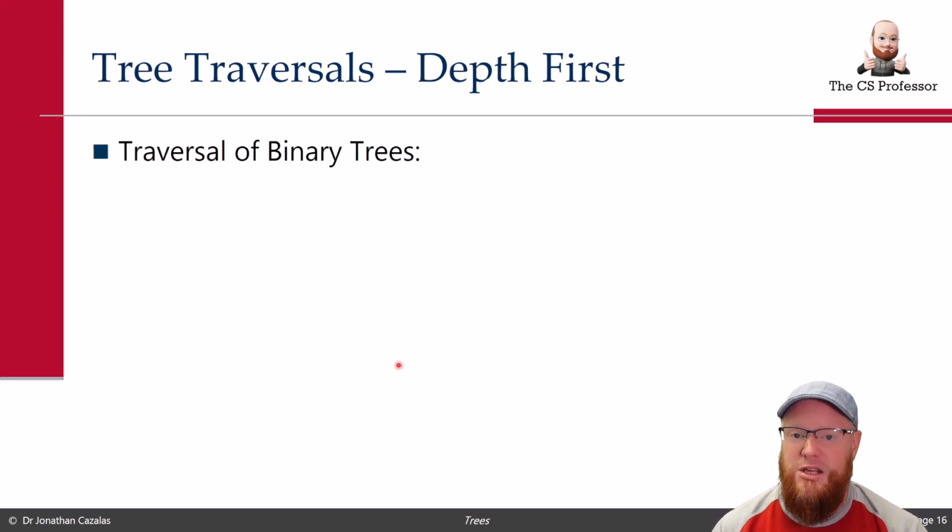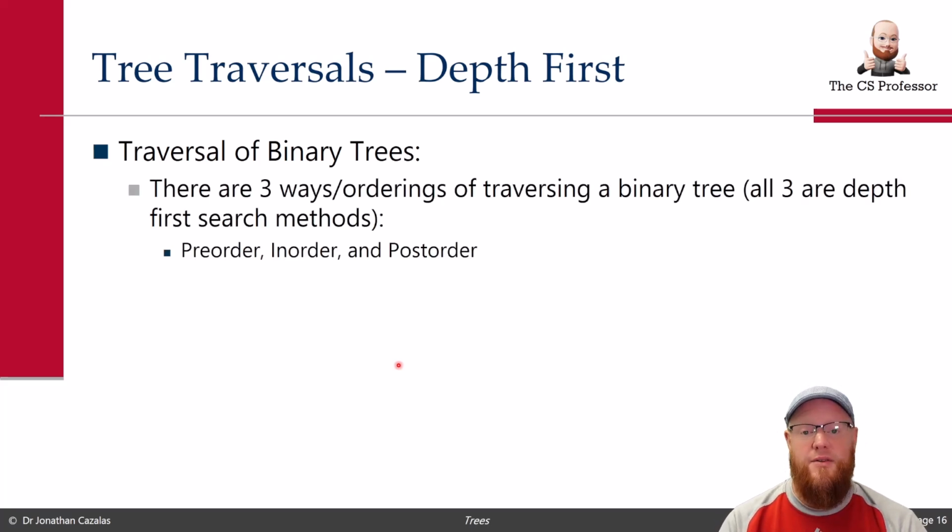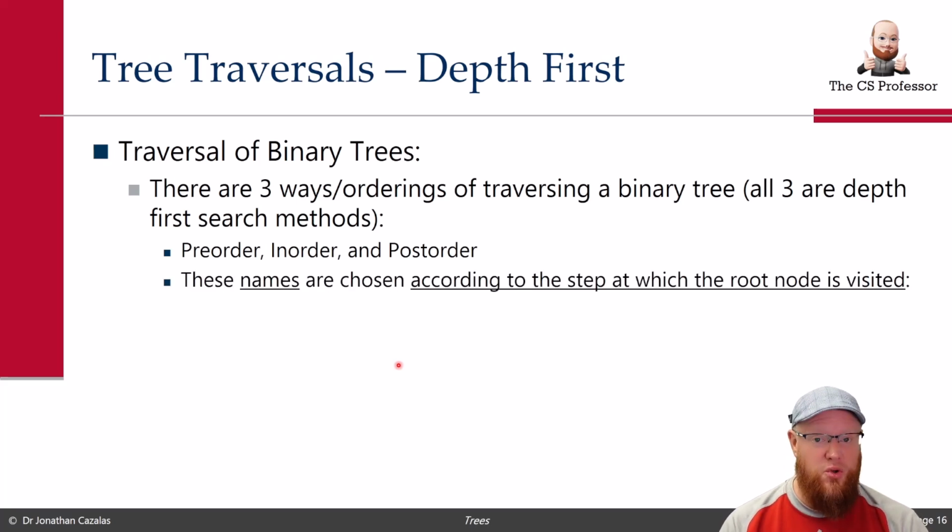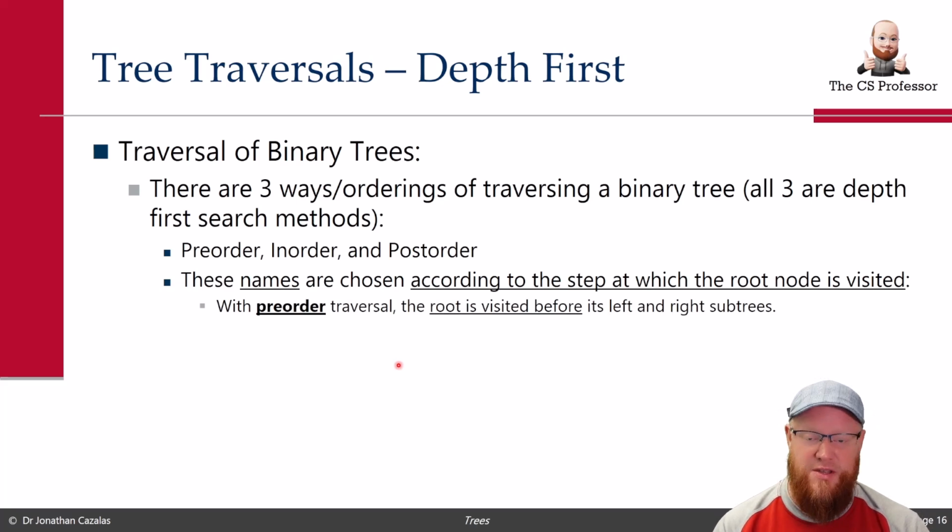Now let's look at each of these three different depth first traversals of a binary tree. As mentioned, it turns out there's three such traversals: pre-order, in-order, and post-order. And the names of these traversals are chosen according to the step at which the root is visited.